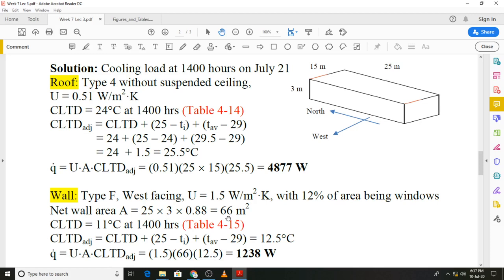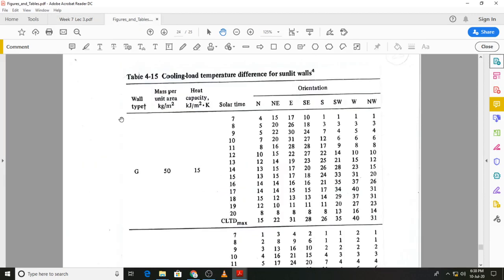So I will move on to table 4-15 and verify that the value that we have shown over here, 11 degree C, is indeed the value that will be obtained from the table. So you can see that in the first column we have the wall type, then the orientation is also given, and the other thing that we need is the solar time.